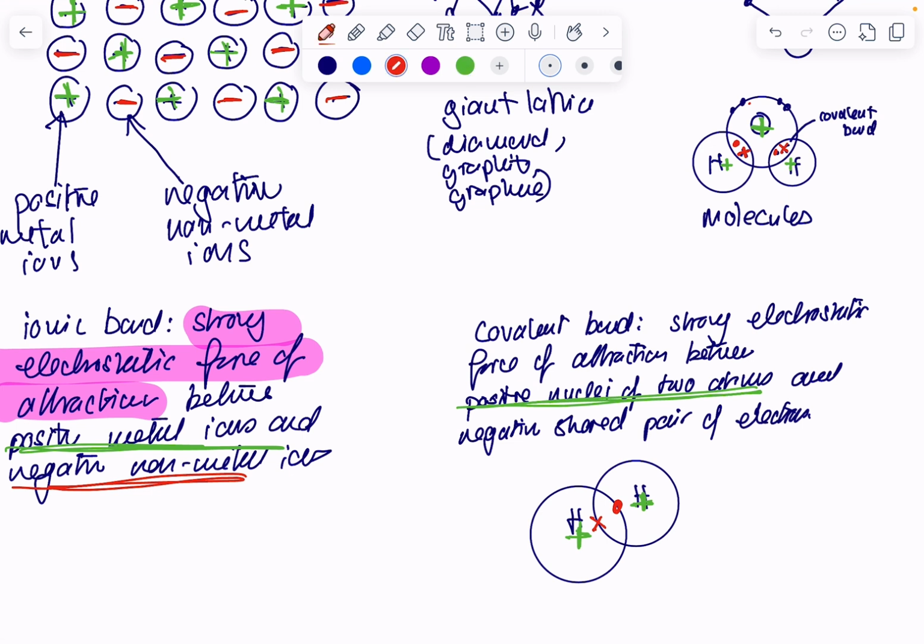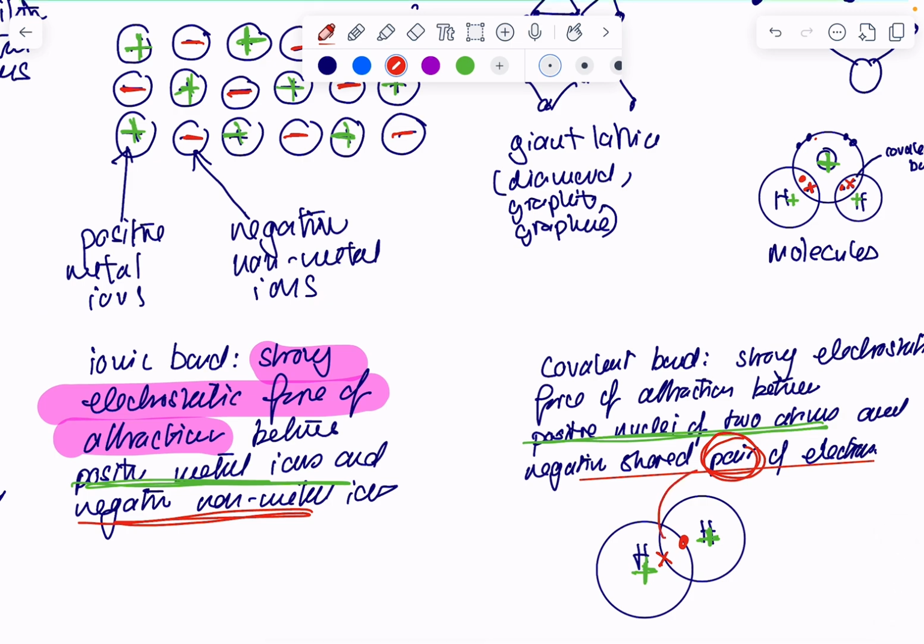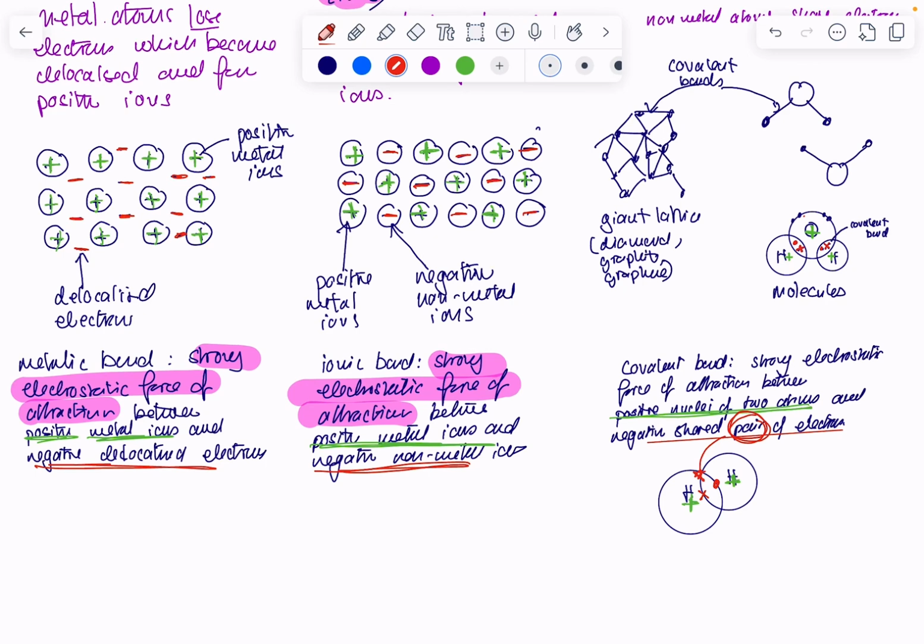And we also need to say it is a shared pair of electrons. That word pair is very important. That shows that we know that each covalent bond is 2 electrons. All right, I'm going to ask you, guess what, to pause the video and practice those definitions.